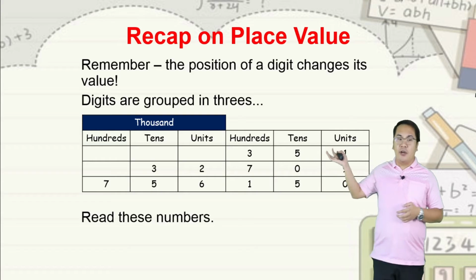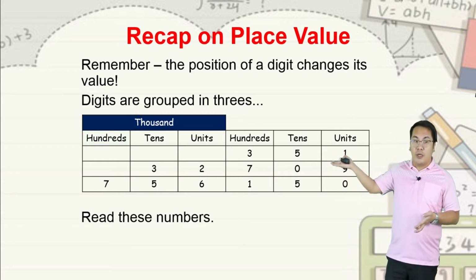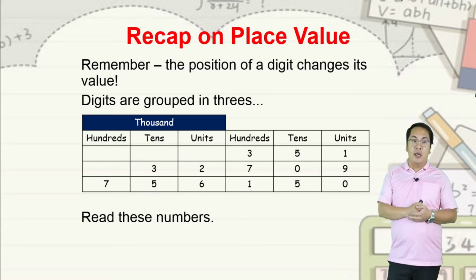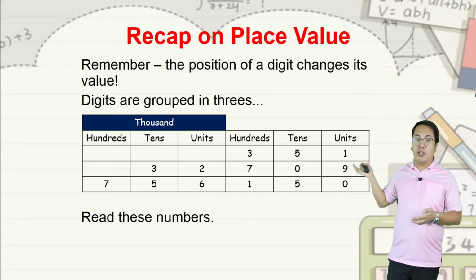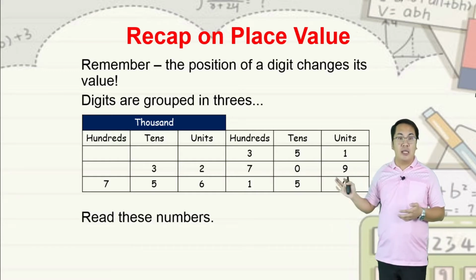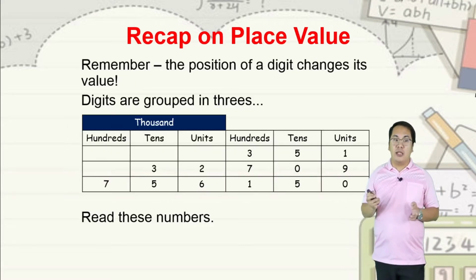Let's have a quick review about this one. How are we going to read the first row? Okay, let's try. We have here the 3 in the hundreds, the 5 in the tens, and the 1 in the ones. So we can read this as 351. Very good.